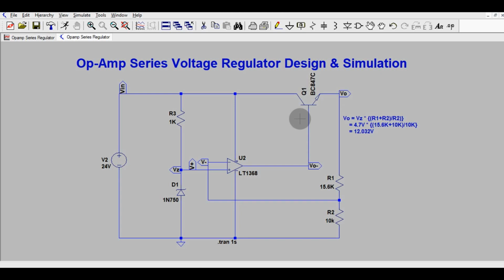You can simulate it in LT-Spice and also see the waveforms. You can alter the values R1 and R2 and see if the output voltage is changing, because there are only three factors: VZ, R1 and R2. By changing the values of VZ, R1 and R2, your V out will change.